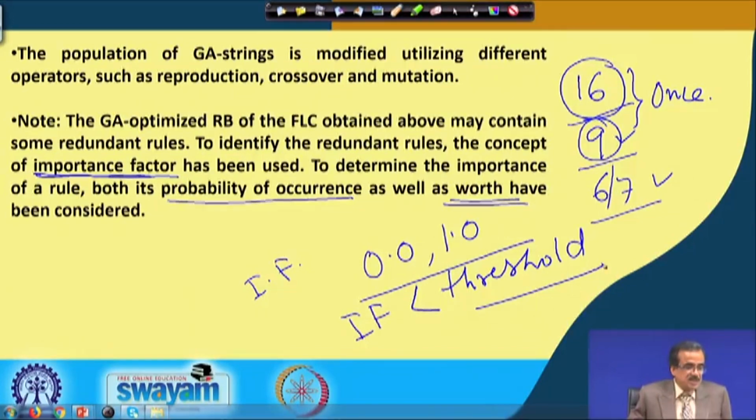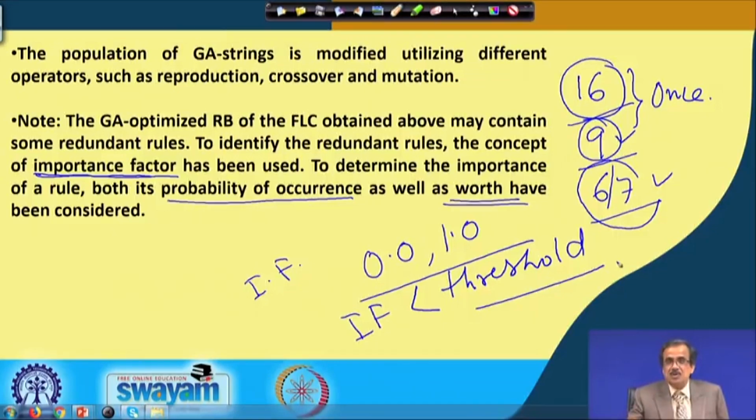This is the way we declare the redundant rules. But if you just go on tuning the rule base of the fuzzy logic controller, there is a possibility that it will give rise to only a very weak or a very optimized rule base, and there could be a few test scenarios.